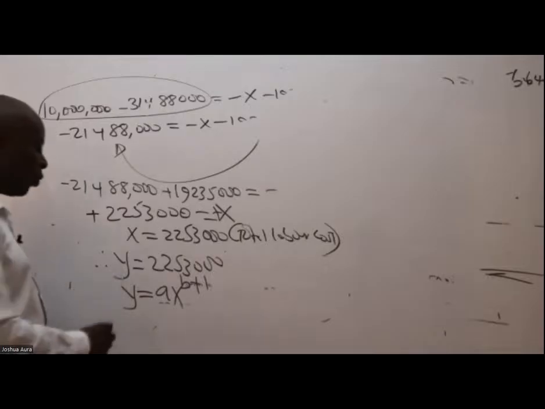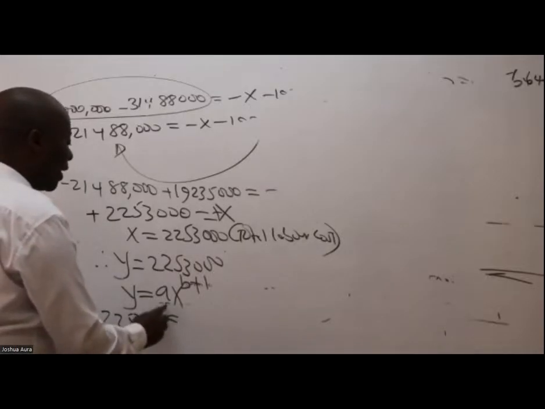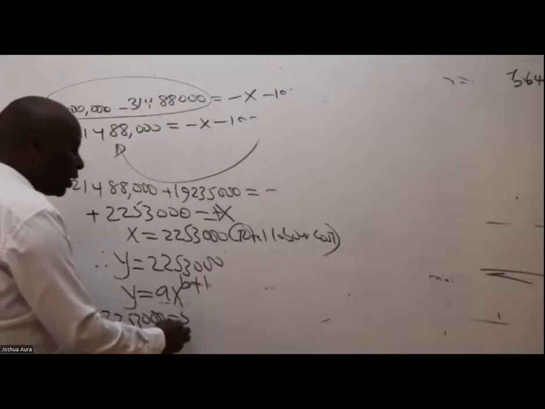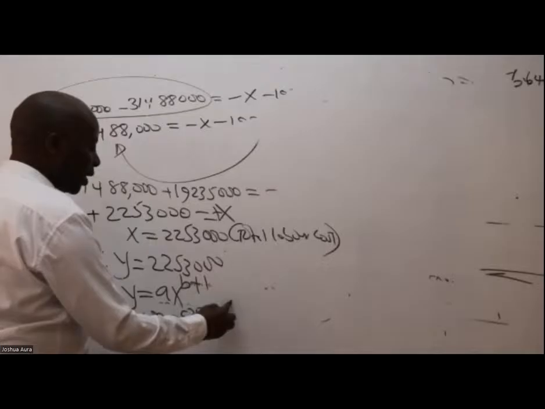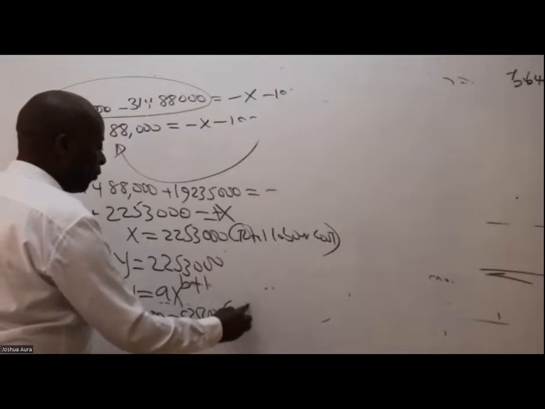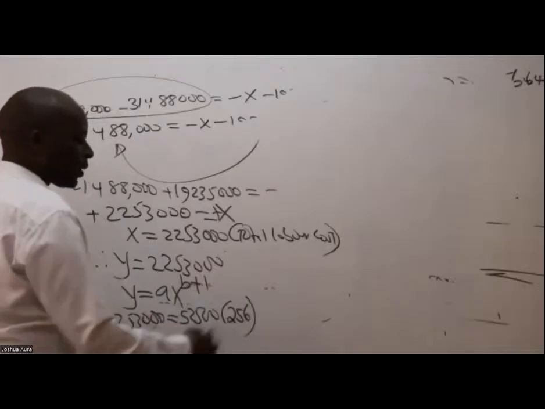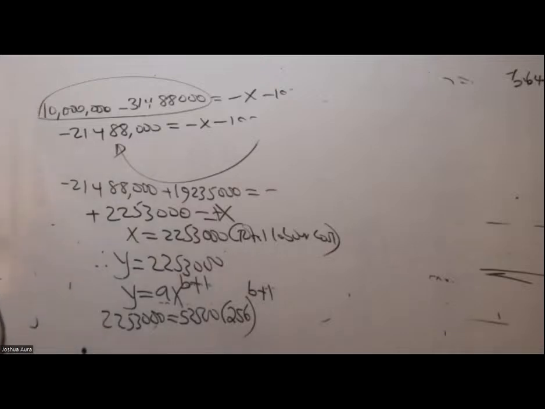So I know that my Y is 22,53,000 equals A. I was given A of 52,500. X we know is the total number of batches, 256 raised to B plus 1, like that. Getting quite interesting.